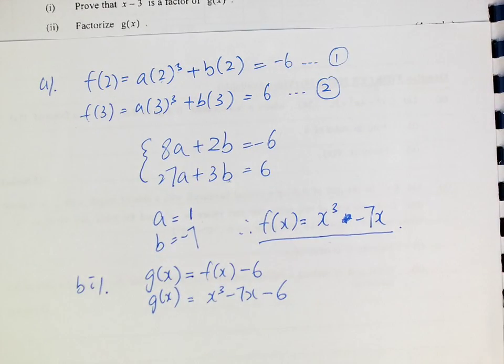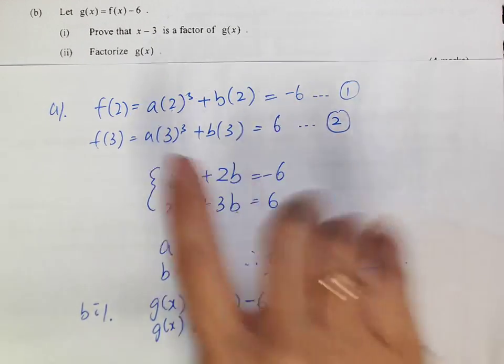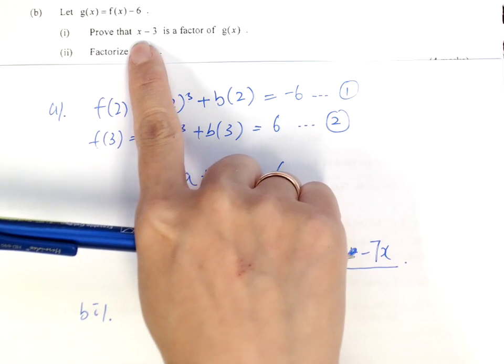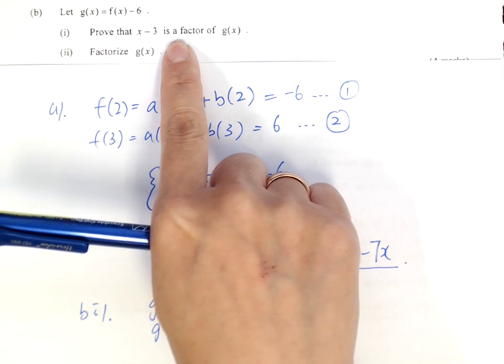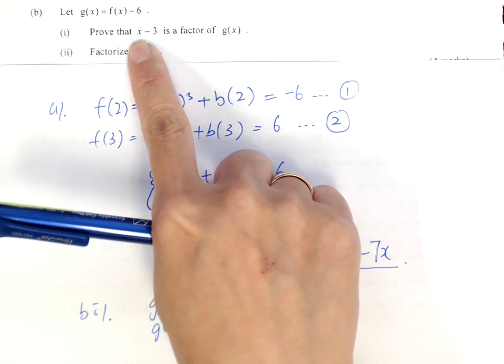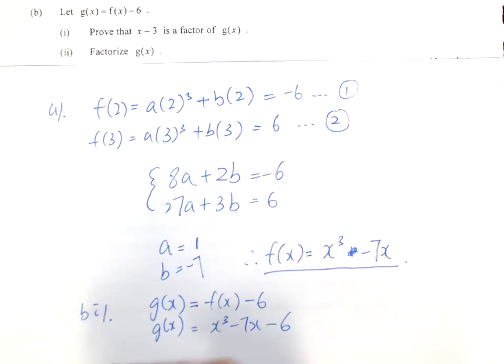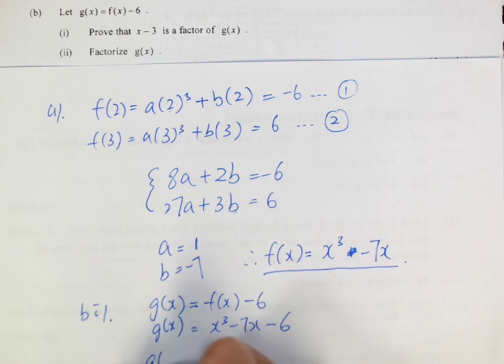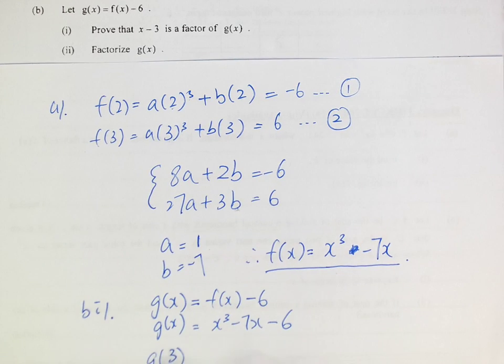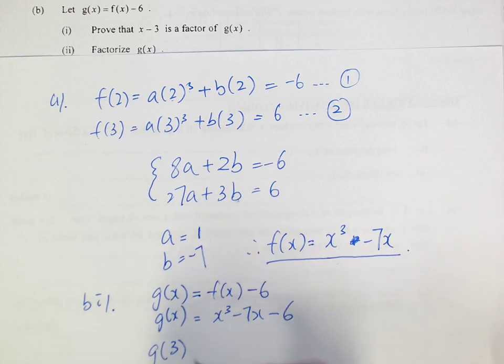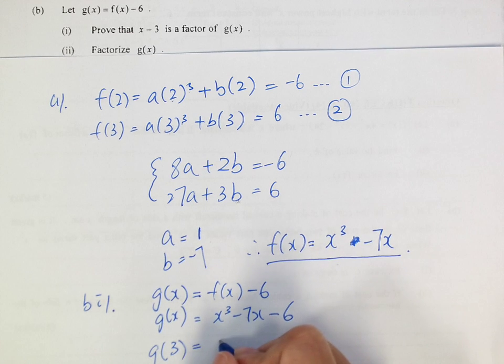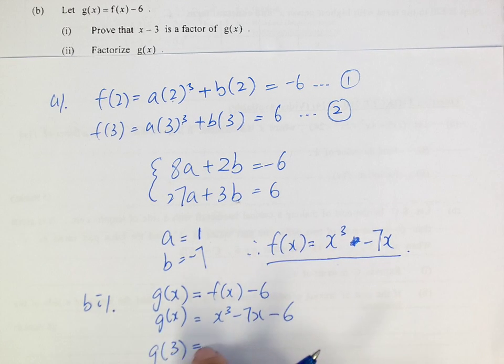Okay, let's see what is the next step. We have to prove that x minus 3 is a factor. Okay, so if you want to prove it, you use the factor theorem. So try to put x equals +3 into g and see what the outcome is.